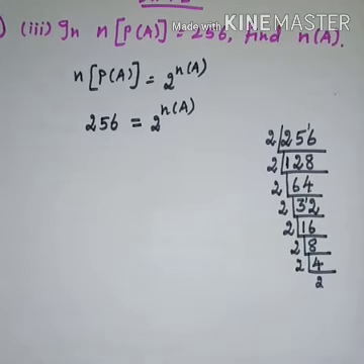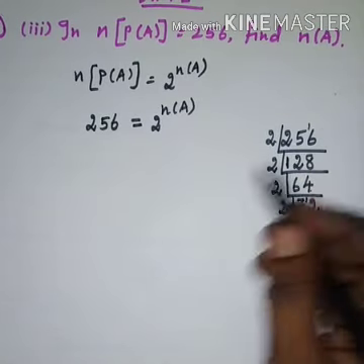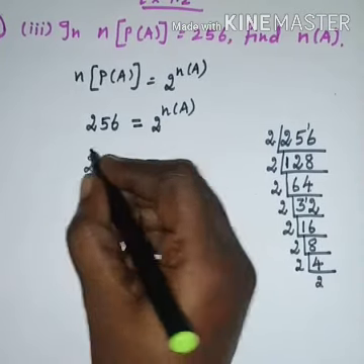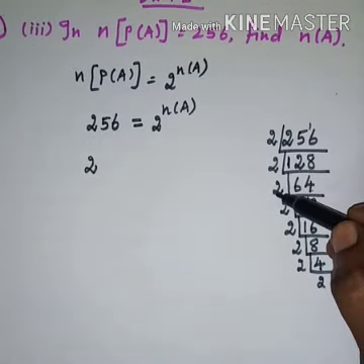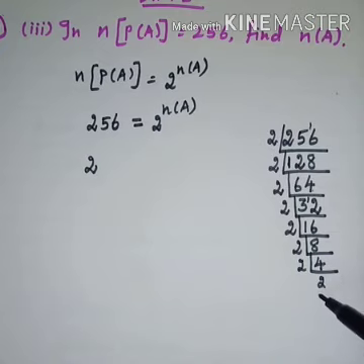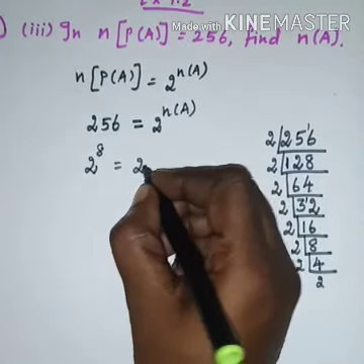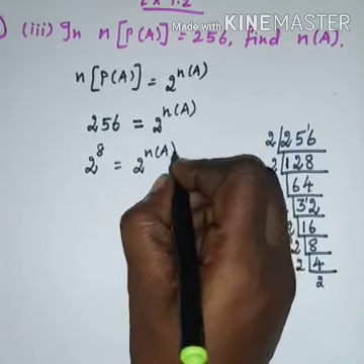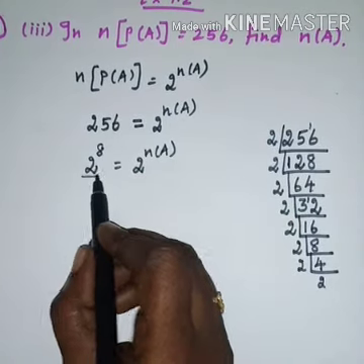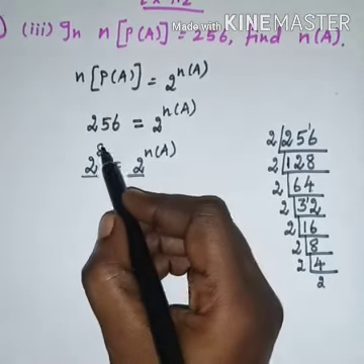Okay, so 256 can be written as 2 power, how many 2s here? 1 2 3 4 5 6 7 8. So 2 power 8 is equal to 2 power n(A). Here the bases are equal. These are the bases. This is the power.